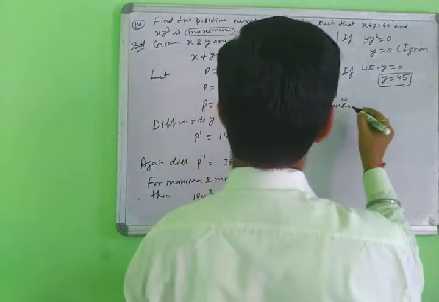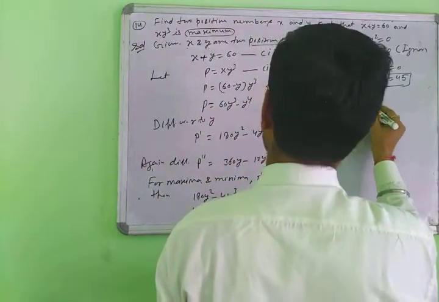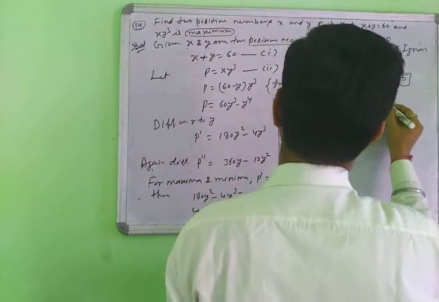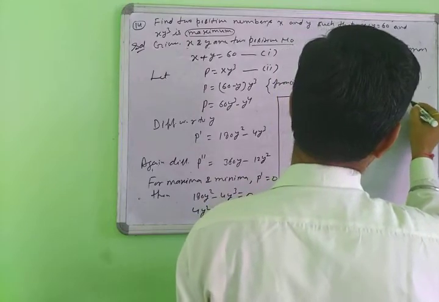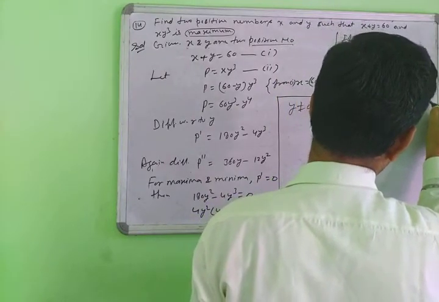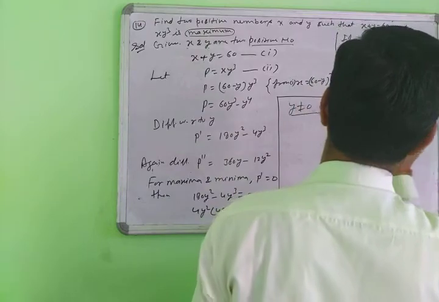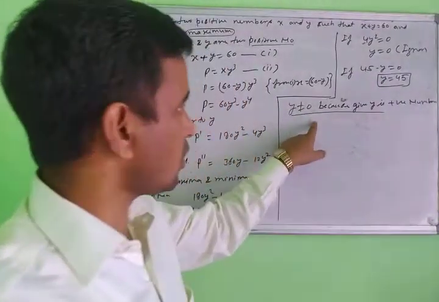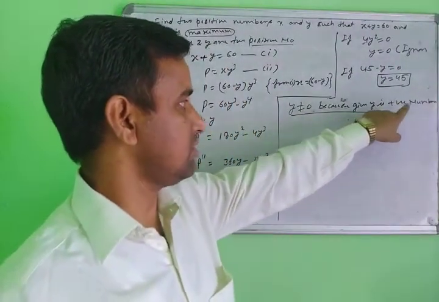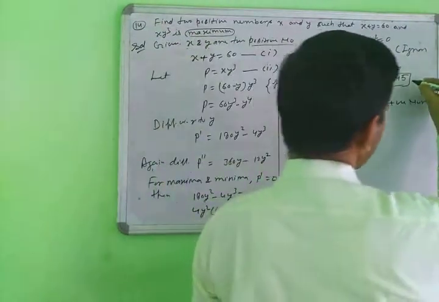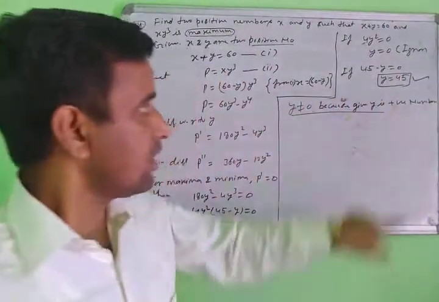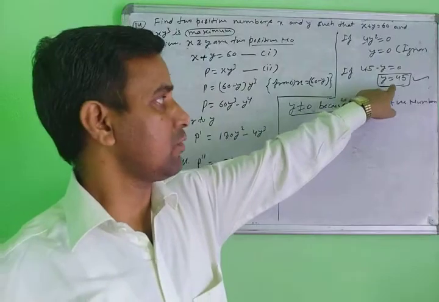Why? Because it is given that y is a positive number. y does not equal 0 because y is given as a positive number. So we use only the value y equal to 45.